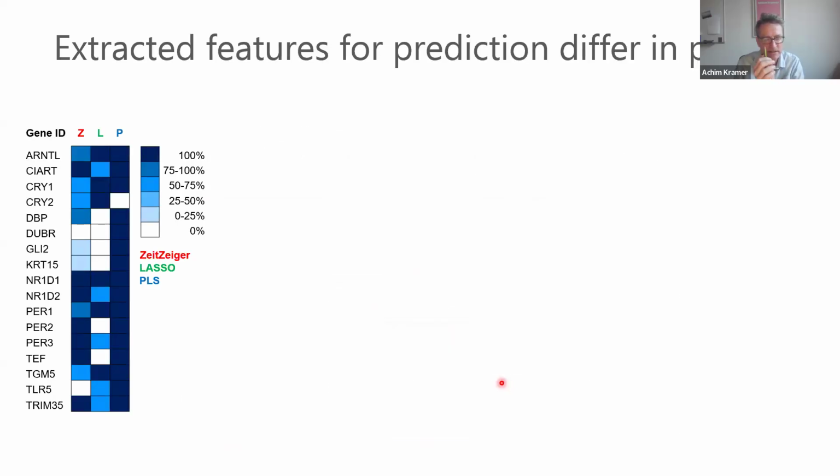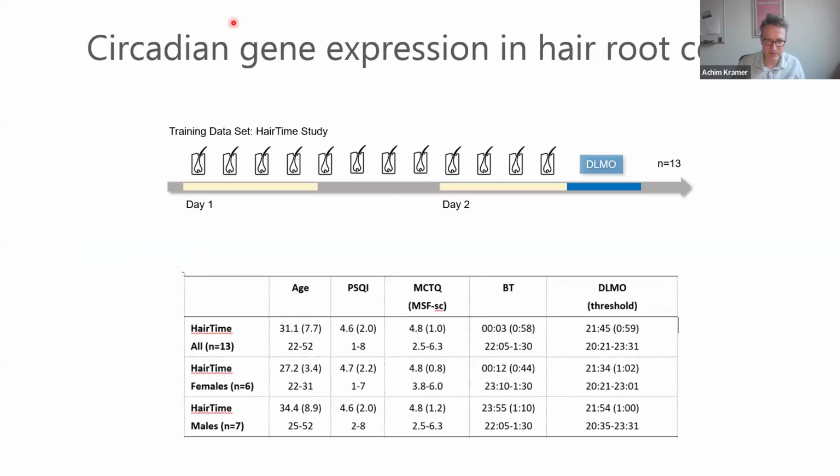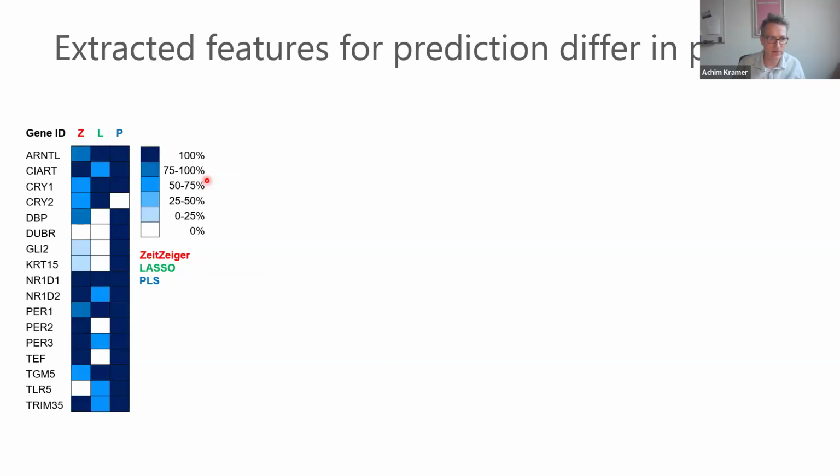So what does the computer algorithm do when you now have all these genes analyzed? So what we did is, of course, we extracted RNA from these samples and did gene expression analysis and asked the computer to extract those genes which are the best for predicting the internal time.